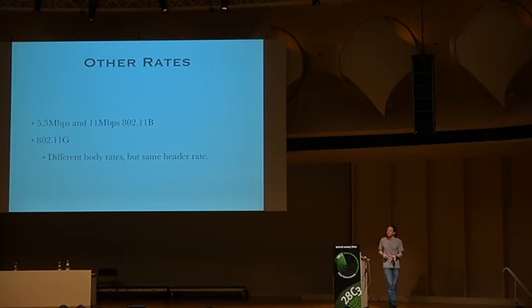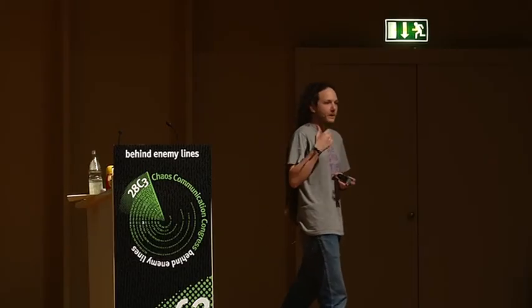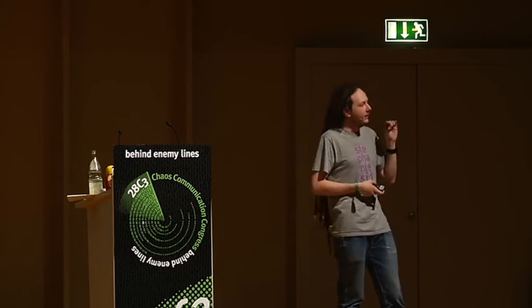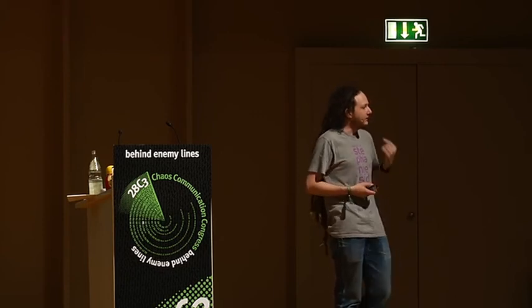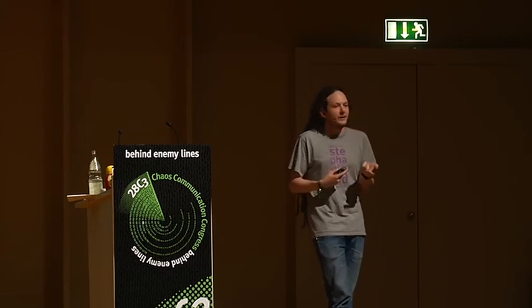For 5.5 megabits, 11 megabits, and 802.11g, you have very different body rates, and occasionally you're allowed different header rates. The header in Wi-Fi is very sparse. All it says is that the following body is at such and such data rate, and it specifies how long that body will be in microseconds, because it doesn't even demand that the receiver support that style of packet.